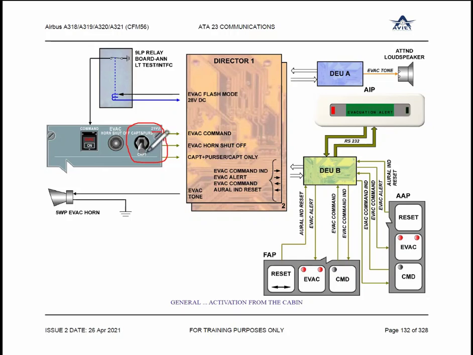That switch can be kept on captain, or on captain and purser. It means the evacuation command can be initiated either by captain and cabin supervisor or only by captain. That is decided by the switch, whether it is on the upside or downside.